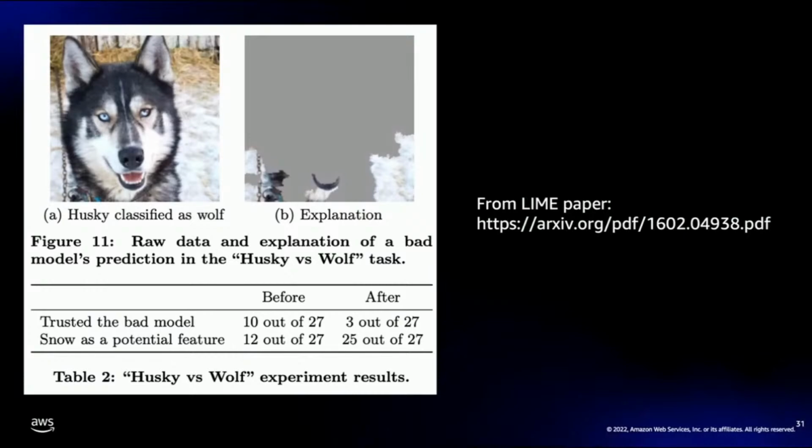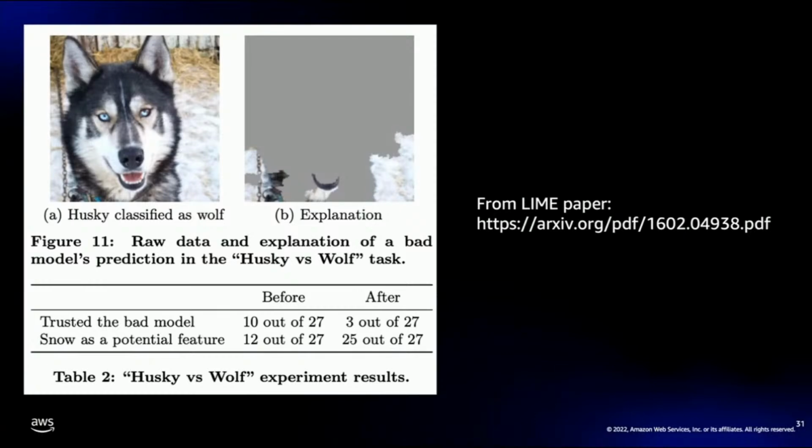So why is that? And when we look at the explanation, it turns out that the model is actually not looking at the animal itself. You could see that the parts of the image that it zeroed in on show snow and some other background.